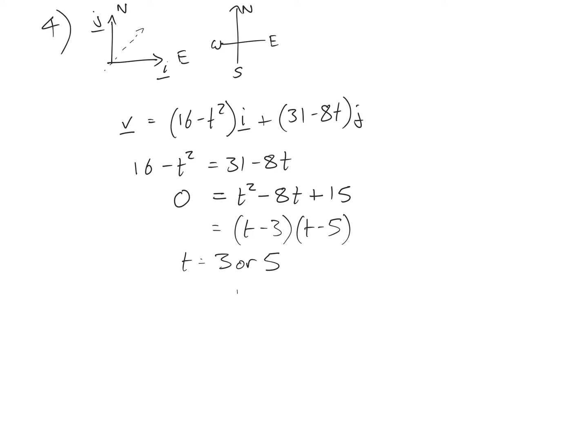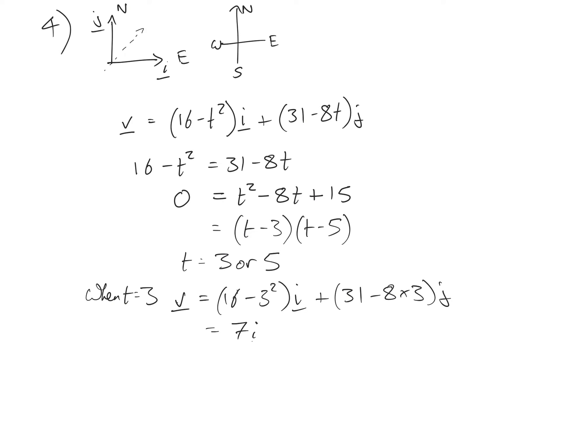Okay, and then we want the speed of this particle. To get the speed, we're going to need to put it back into the velocity. So when t equals 3, v equals (16 minus 3 squared) i plus (31 minus 8 times 3) j. So this should give us the same thing. So we get 7i plus 7j.